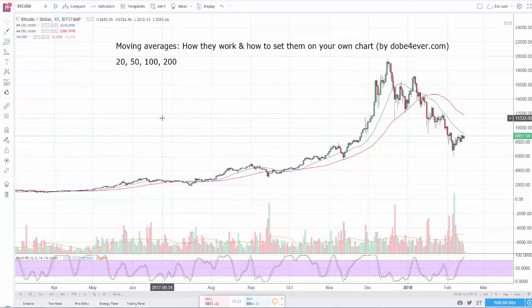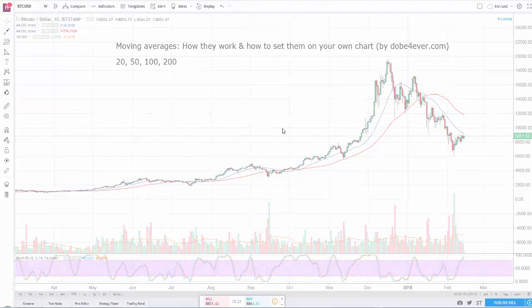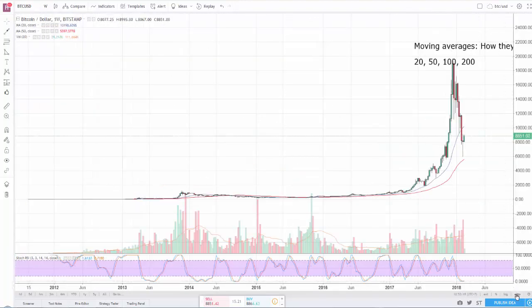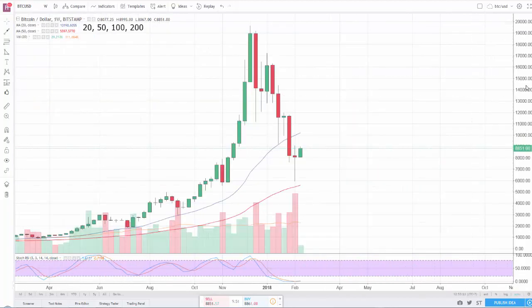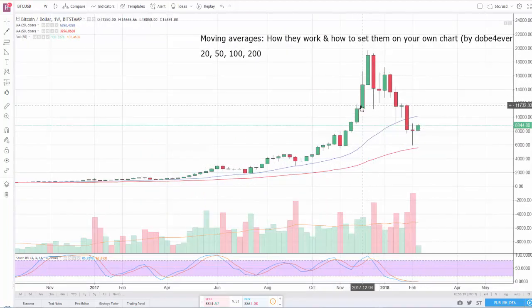So if we go to the weekly time frame, the moving averages are basically doing the same, but every bar represents a week, not 1 day. So it'll take the closing price of the last 20 bars, which are in this case 20 weeks, calculate the average price for those past 20 weeks, and set a dot here on the current candle, and then it'll do the same calculation the next week, the next week, the next week.